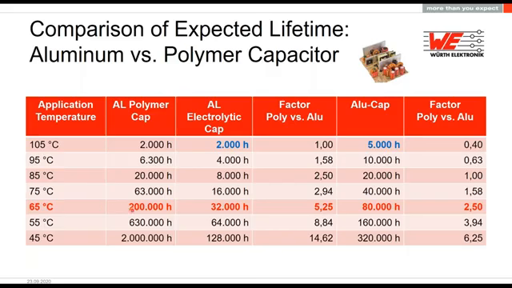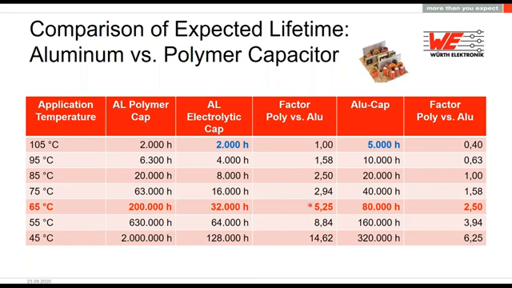With the aluminum polymer cap, we have 200,000 hours expected lifetime at 65 degrees, compared to the aluminum electrolytic with the same initial endurance, only 32,000 hours of lifetime.